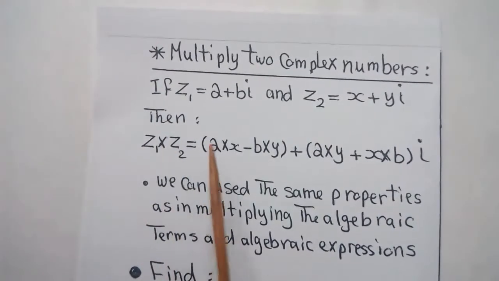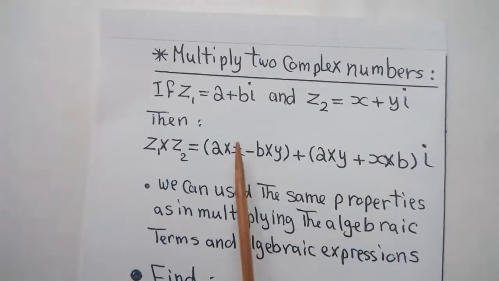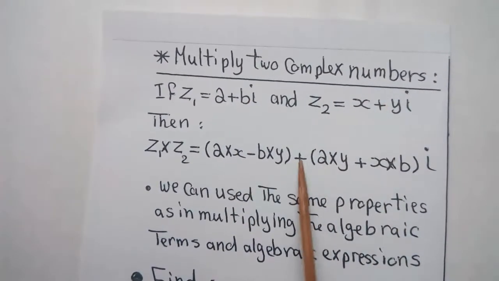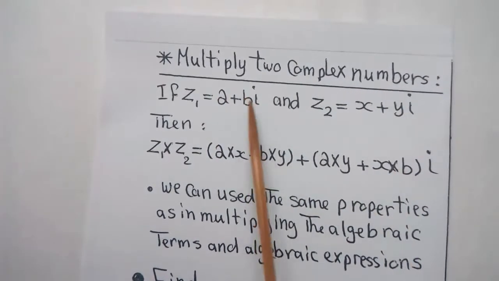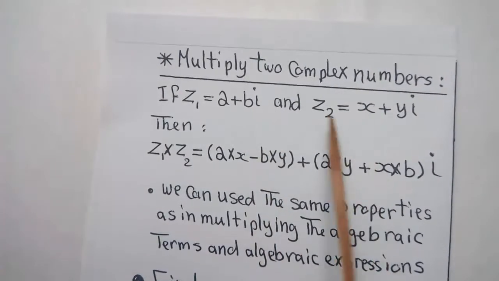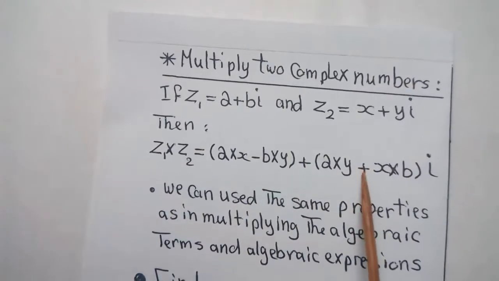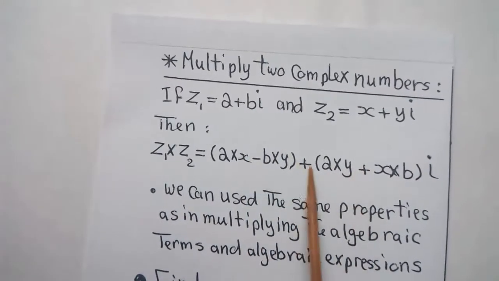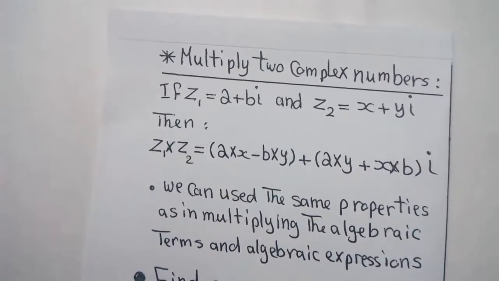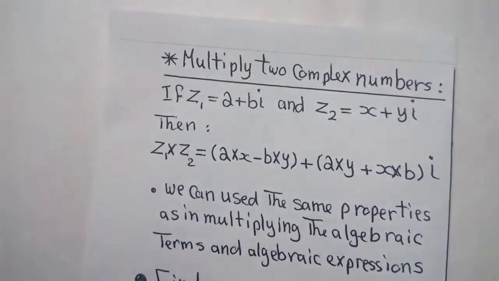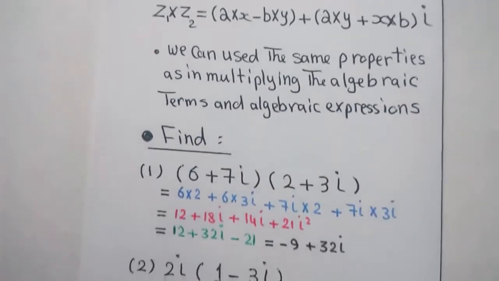Z1 times Z2 equals A times X minus B times Y, plus A times Y plus B times X. Notes: negative, plus, minus, plus, plus. We can use the same properties as any multiply. أي multiply عندنا ممكن نعمله بالموضوع ده.